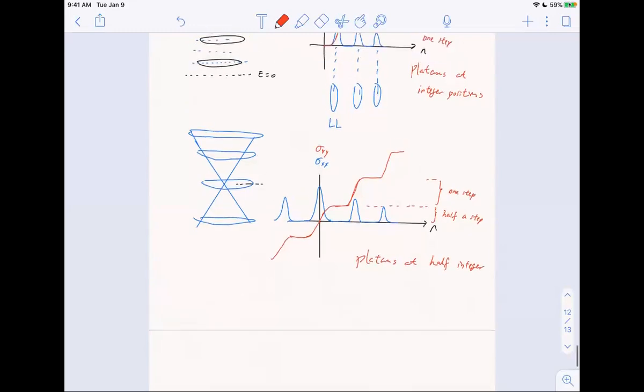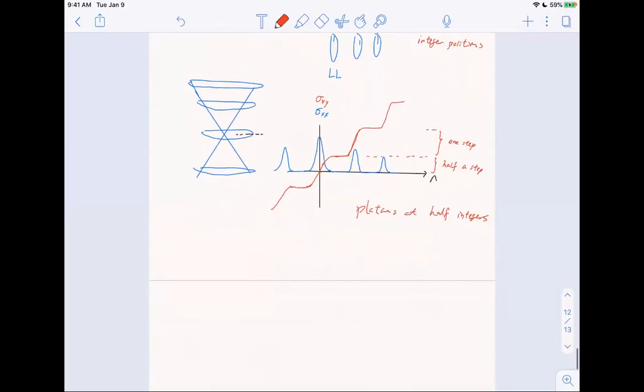Okay, so you'll be in half integers. Some people call it half integer quantum Hall effect. Half integer doesn't mean it is a fractional quantum Hall effect.